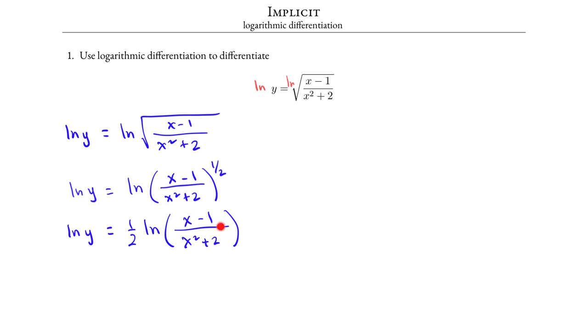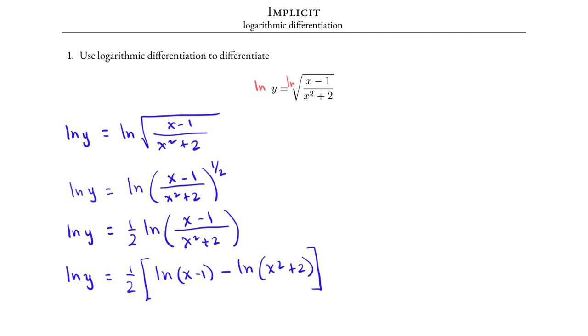If the inside of ln is division, then we will end up with the difference of the ln. So this is ln of y equals 1/2 times [ln of (x minus 1) minus ln of (x squared plus 2)].